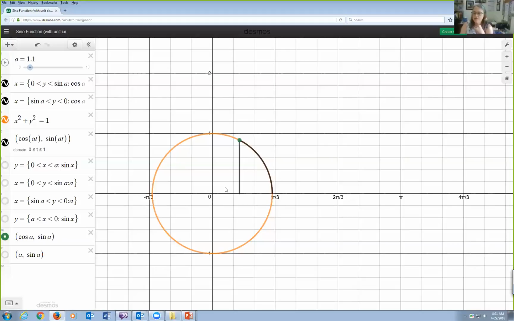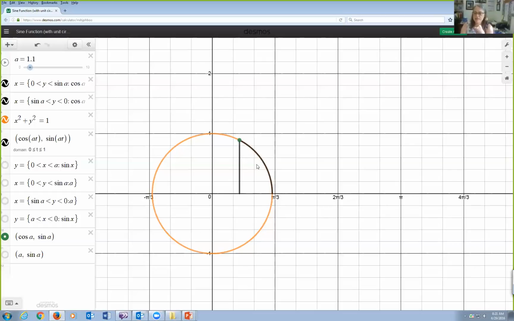The cosine and sine of that angle are related to the coordinates of this point. Remember that the x-coordinate is equal to the radius times the cosine of the angle, and the y-coordinate is equal to the radius times the sine of the angle.